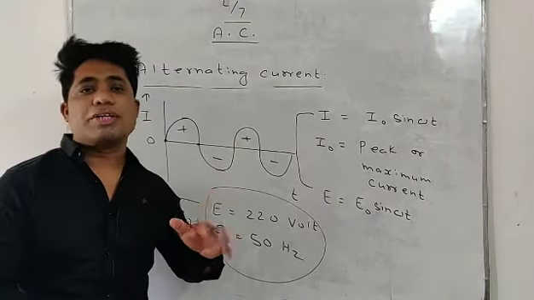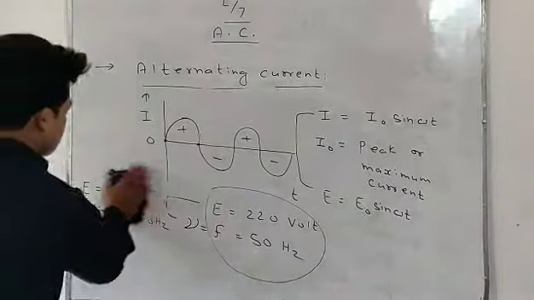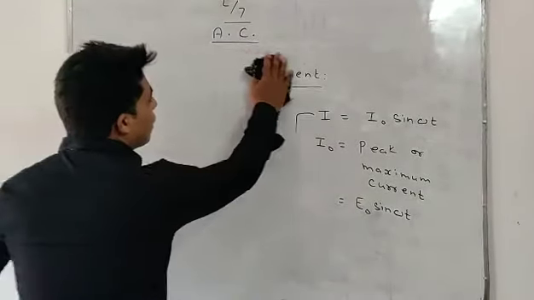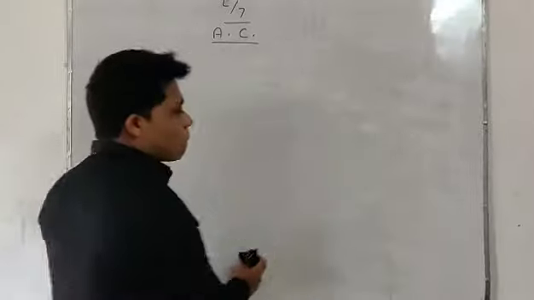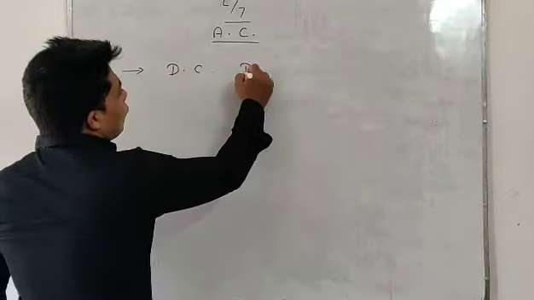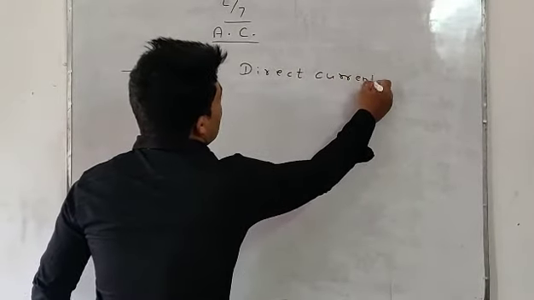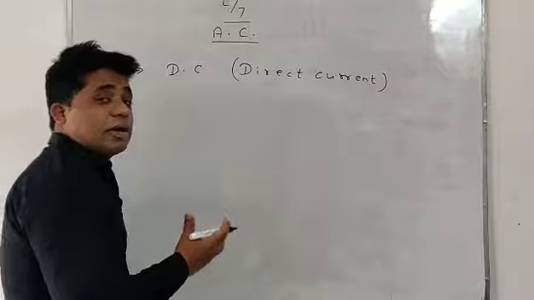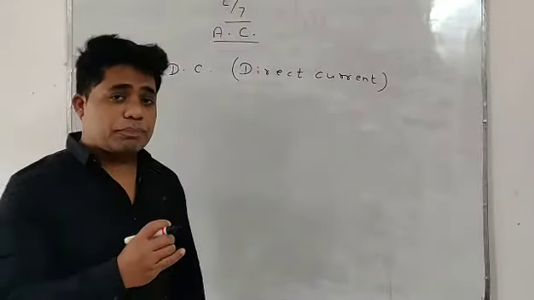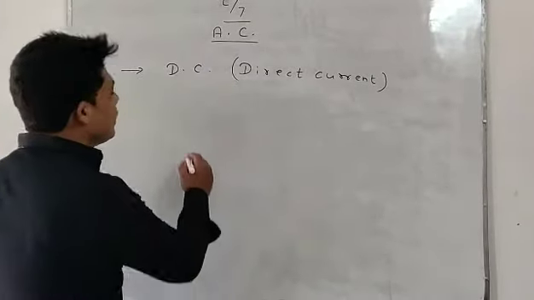Now students, what about DC, direct current? We'll discuss direct current, DC. What is direct current? As its name suggests, when the current does not change its direction or magnitude with respect to time, such current is said to be DC, direct current.